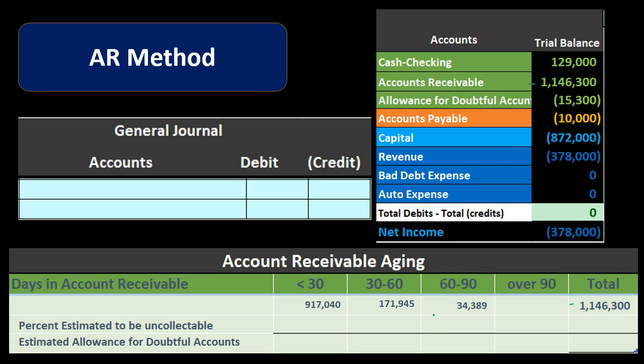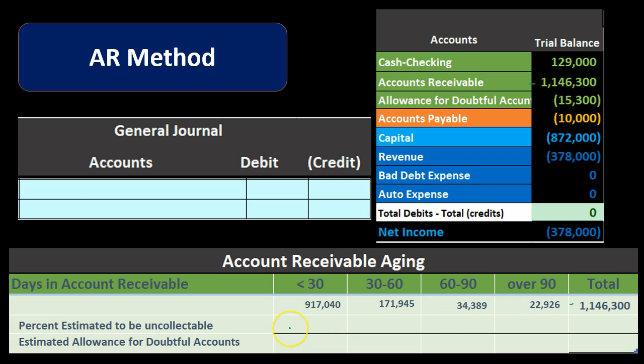And then over 90 days past due, it's the 22,926. Point being is that we broke this out. If we add up the 917.40, the 171,945, and the 34,389, and the 22,926, we get to the total 1,146,300 broken out in terms of how old this debt is.